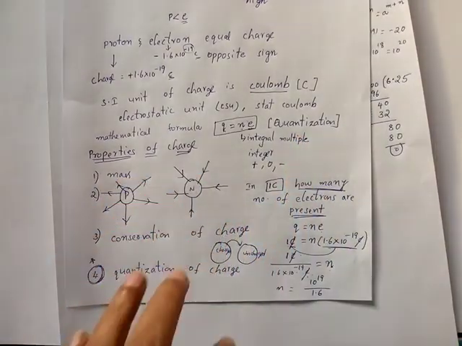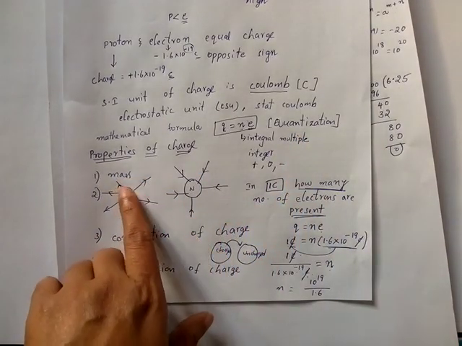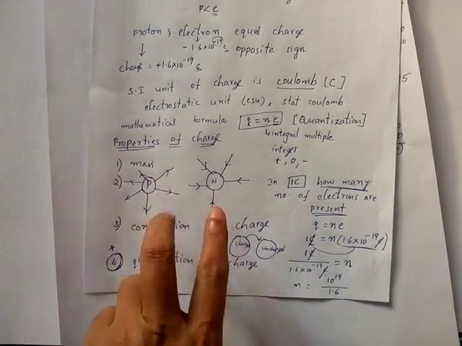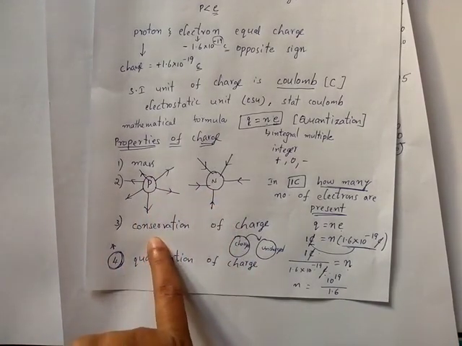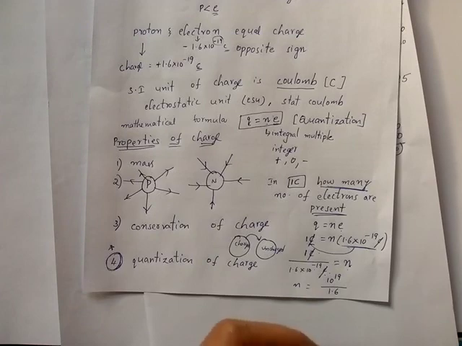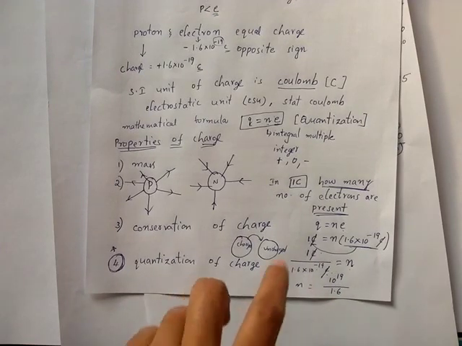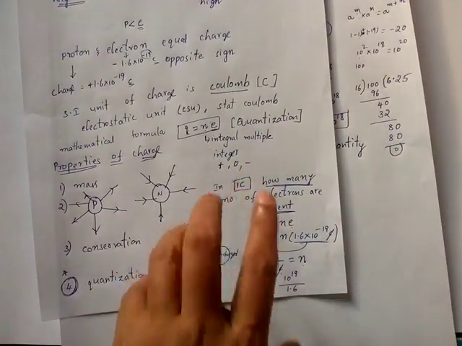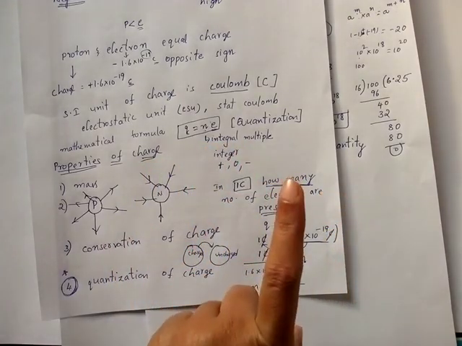And properties for class 10 especially, it is associated with mass, positive and negative charges. There are two types. And conservation of charge: in the isolated system of bodies, the charge can neither be created nor be destroyed, but it can be transferred from one body to another body. Next, quantization of charge, integral multiple we have learnt, and based on this you have one problem.